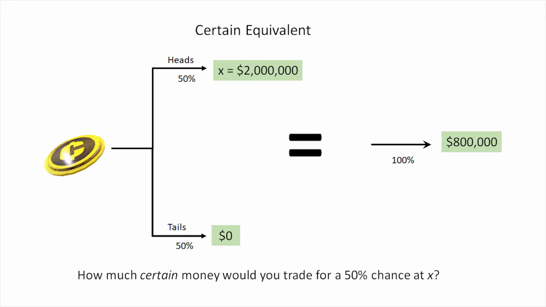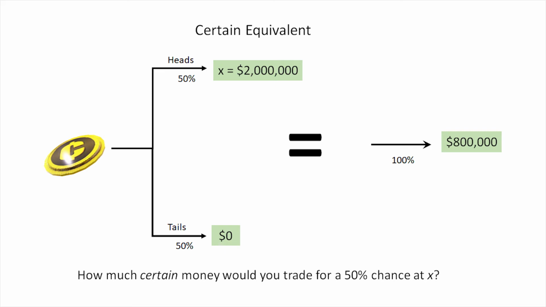Unless you are very rich, you will probably tend to prefer a certain $800,000 in your hand rather than a 50% chance to win $2 million with an equal chance to win nothing. You'd happily leave that potential extra $1,200,000 on the table because the certain amount is already likely enough to change your life.